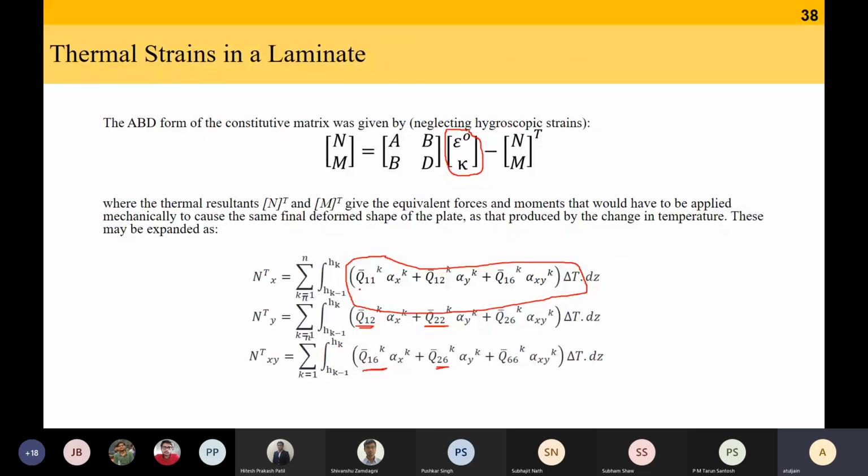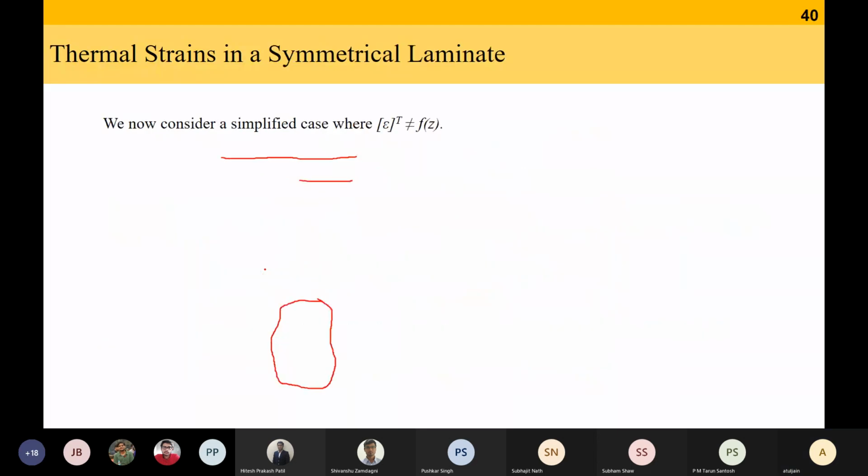NTx is a function of Q11 alpha x, Q12 alpha y, Q16 alpha xy. All of these are material properties. So for a laminate, I have to calculate whatever I have put in the circle for each lamina and add it up over the entire laminate to get this value of NTx. So this is completely a material property.